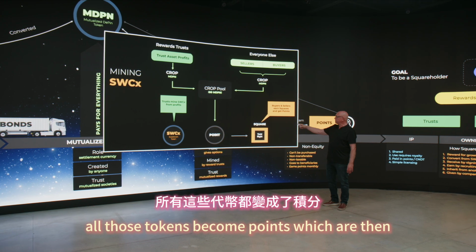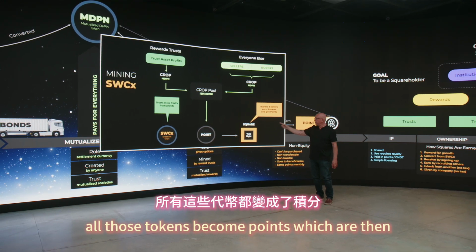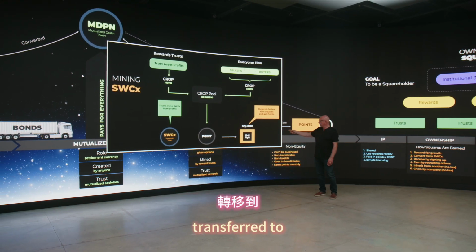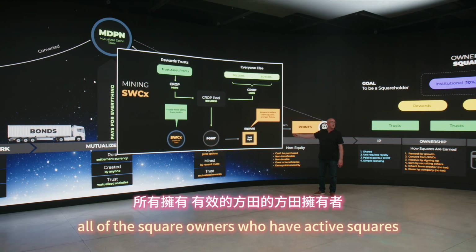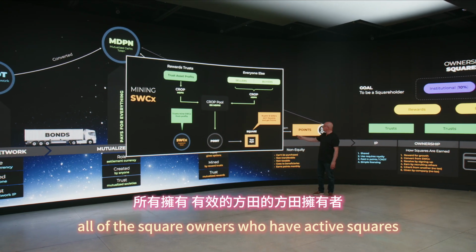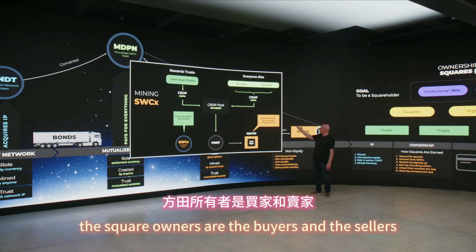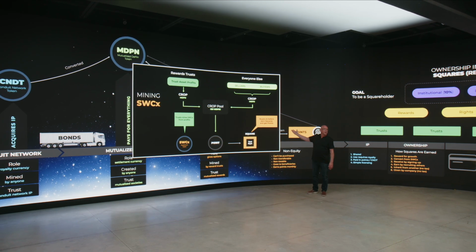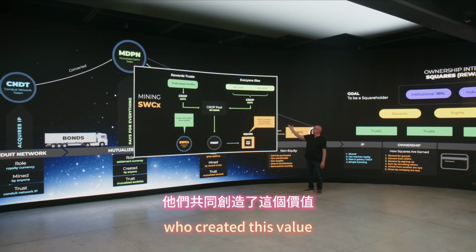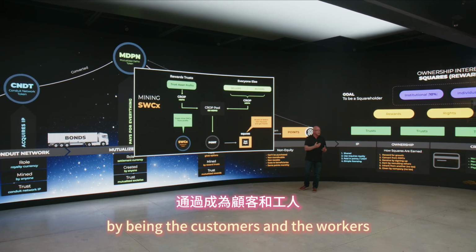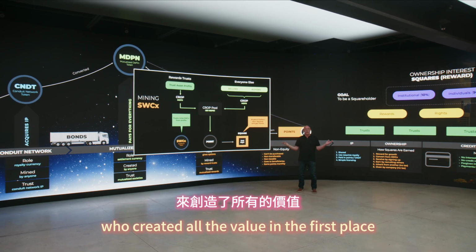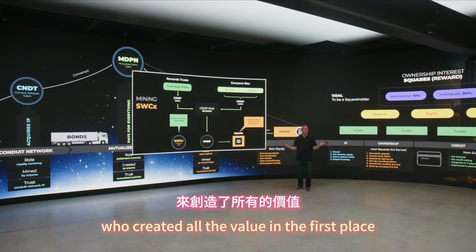All those tokens become points, which are then transferred to all of the square owners who have active squares. The square owners are the buyers and the sellers who created this value by being the customers and the workers who created all the value in the first place.